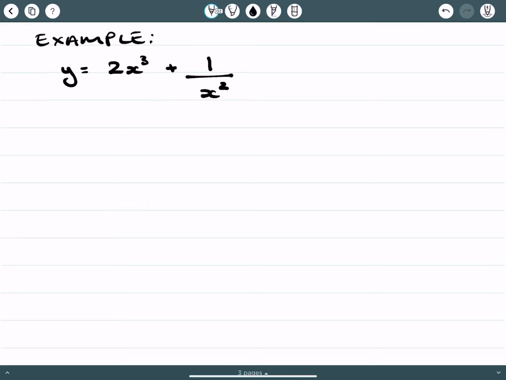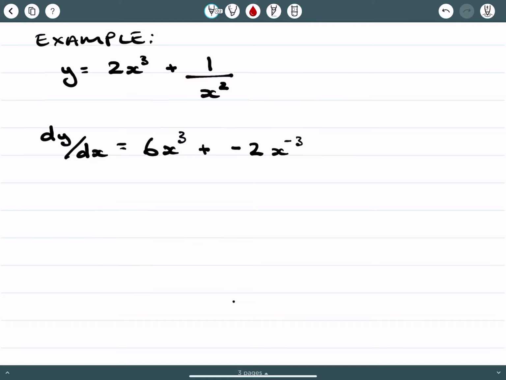I want to write this as a derivative expression, so I write it as dy/dx because, again, it's been presented in y, and this is the difference of y over the difference of x, or we're deriving y with respect to x. Here I would have 6x cubed plus negative 2x to the negative 3.